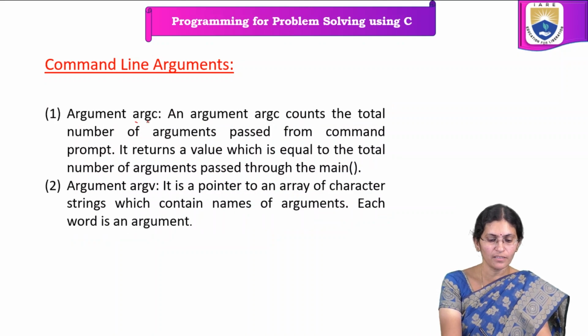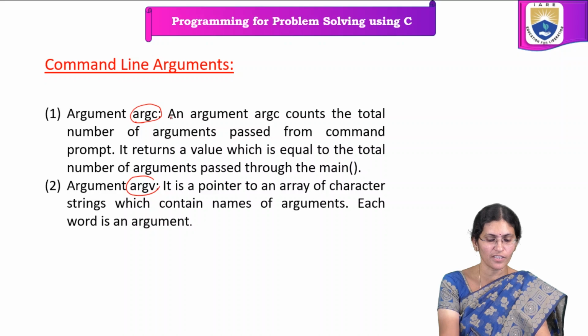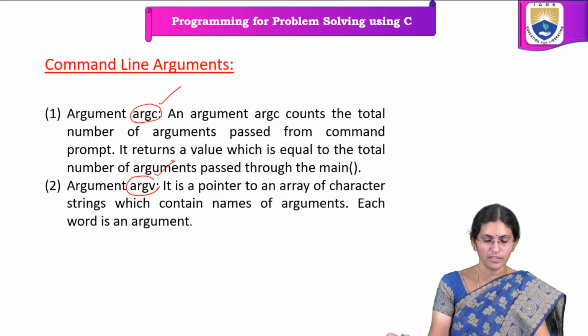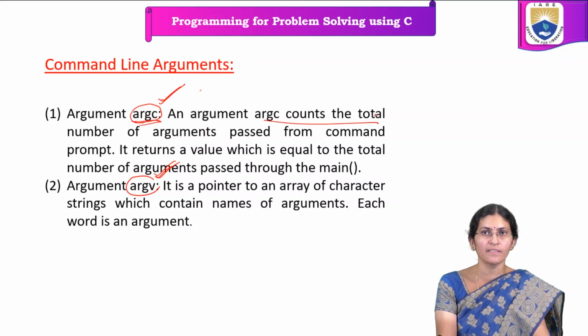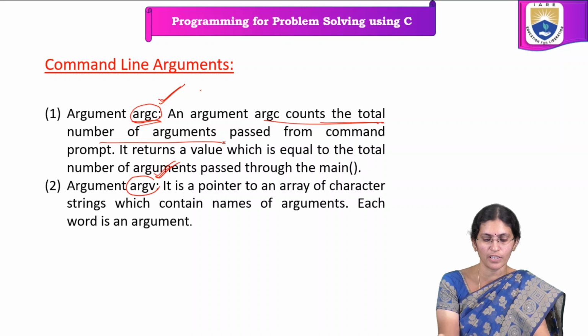These are the two arguments. The first argument is ARGC and the second argument is ARGV. ARGC stands for argument count, and ARGV is the argument vector. ARGC counts the total number of arguments passed from the command prompt.